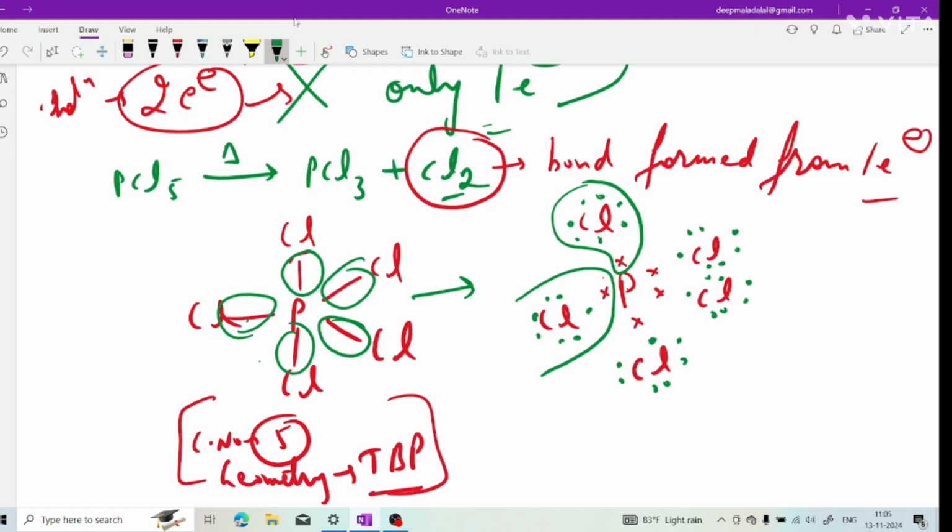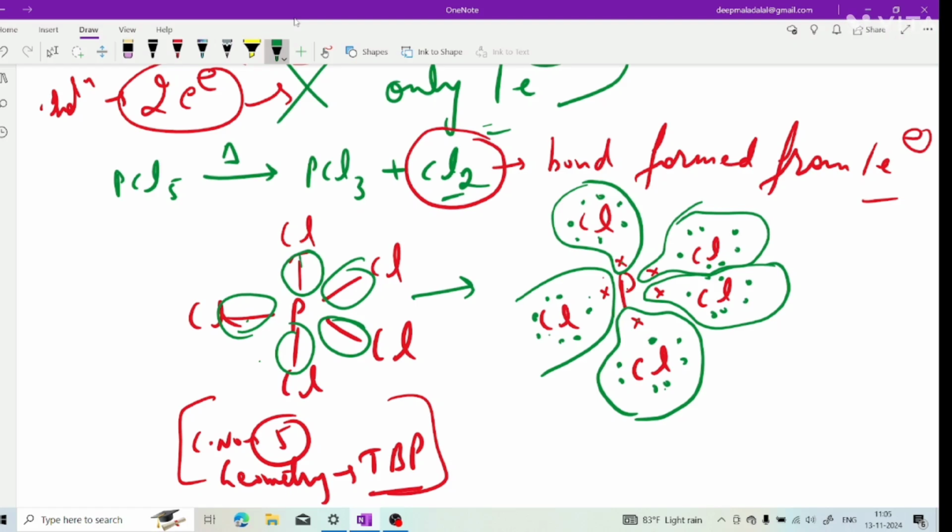Now this chlorine also takes 1 electron and makes a bond, and this chlorine also takes 1 electron from phosphorus and makes a bond, and this chlorine also completes its octet. Now let's count: 7 plus 8 for each chlorine, and for the phosphorus, 7 and 8.